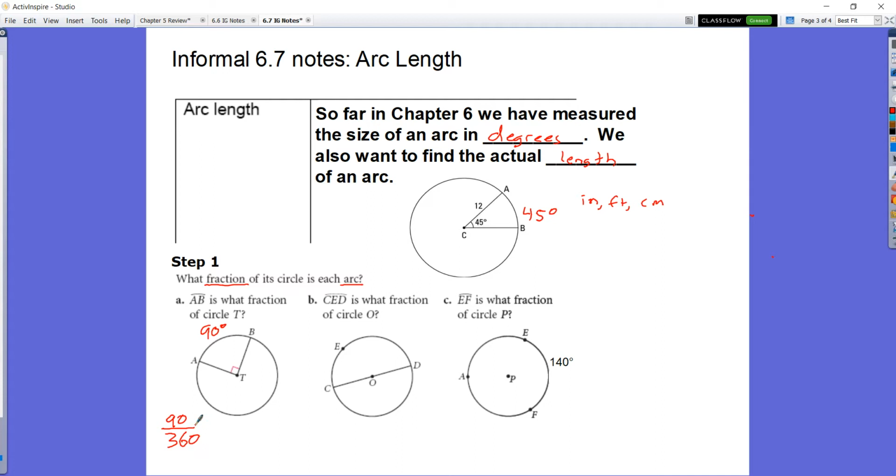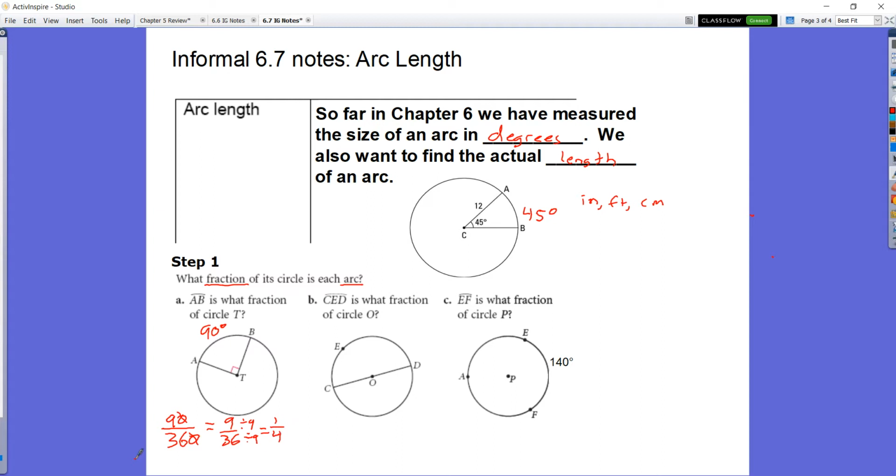All right, we're just going to simplify that fraction down. 90 and 360 each has a 0 at the end, so we can automatically cancel those to simplify this fraction. So then that gives us 9 over 36. We can simplify that down some more. 9 and 36, I know we can divide both of those by 9. So that will simplify that fraction down to 1/4.